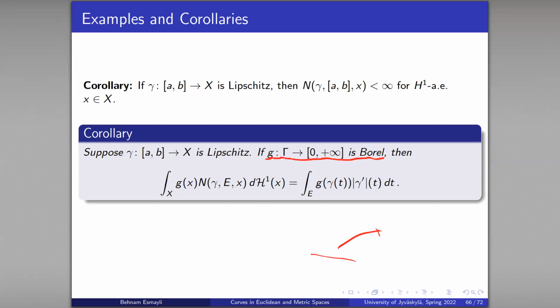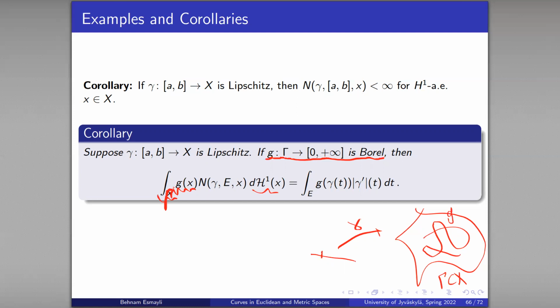So here is a curve, the parameterization of some set in the metric space X. This tells you how to integrate G on the curve. Remember, this is the same as integrating on the curve. And it says that if you have a Lipschitz parameterization, you can pull back the values of G, which is defined on here first. You can pull them back to values of G composed with gamma of t here. And then if you integrate this against speed, you recover the integral of G on the curve, of course, taking into account the multiplicity.